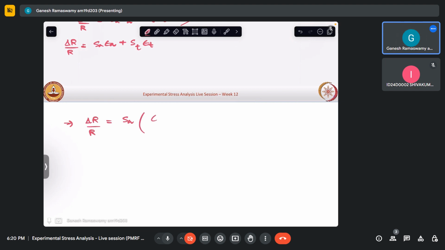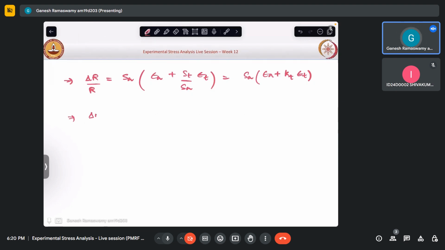If I take Sa common, I get epsilon A plus St by Sa into epsilon T, which by definition is epsilon A plus Kt epsilon T. So delta R by R is Sa, let me take epsilon A also common, into 1 plus Kt into epsilon T by epsilon A. Now we know the general notion of epsilon T by epsilon A is minus mu naught.